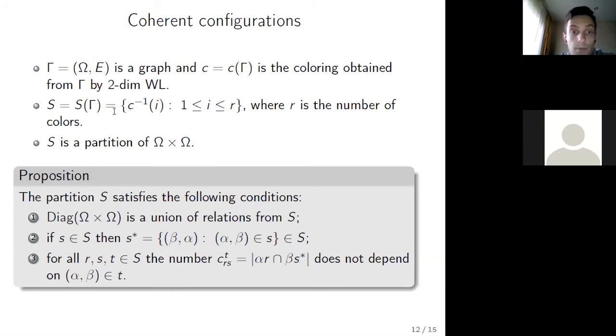First, the diagonal of Omega squared is a union of some relations from S. Second, if a relation s belongs to S, then the inverse relation s star also belongs to S. Third, for all relations r, s and t from S, the number of common neighbors of the point alpha in the relation r and the point beta in the relation s star does not depend on the choice of (alpha, beta) from t.